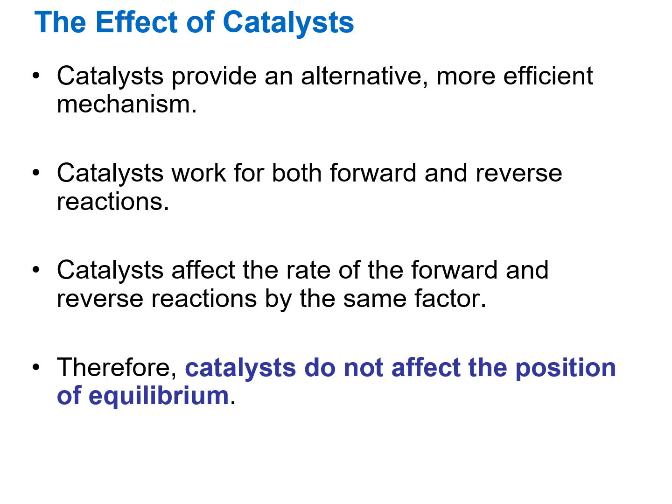They only affect how quickly you get there. Remember, our equilibrium is based upon either partial pressures of gases or the concentrations of our gaseous products and reactants, and catalysts do not participate in either of those. They're not part of concentrations or partial pressures, so they don't affect anything.